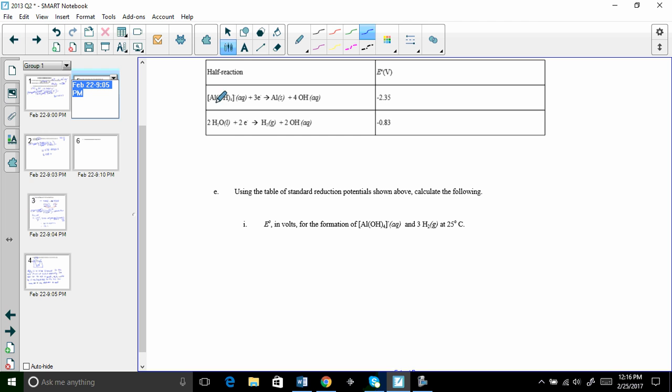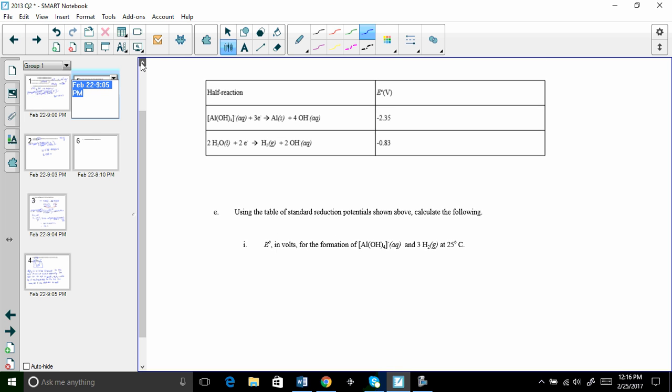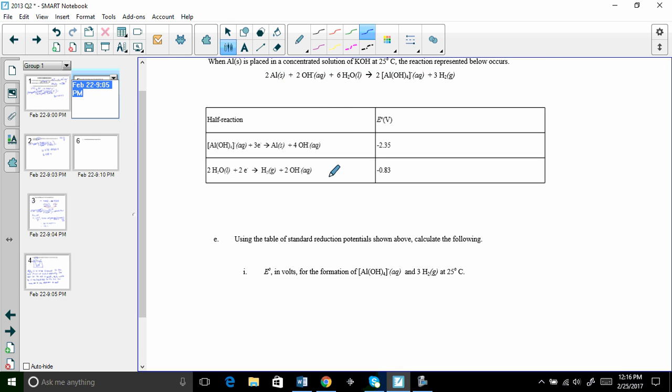So if you look, notice this equation has aluminum on the right. We need aluminum on the left with the 2 in front of it. So I'm going to take this first equation and flip it.